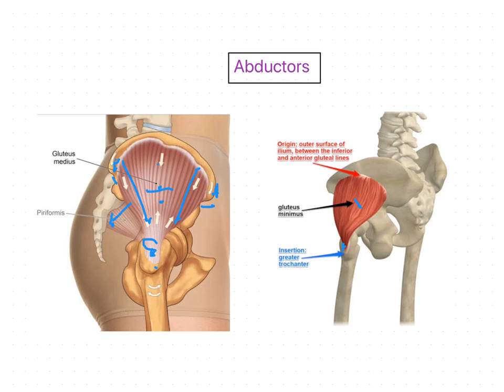These are the major functions of these muscles. They prevent or minimize adduction of the pelvis around the stance hip, that means pelvic drop.